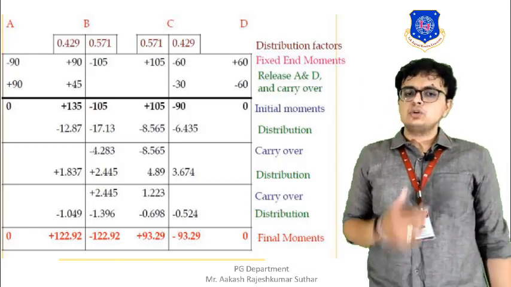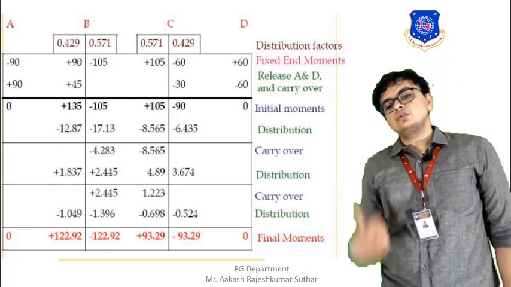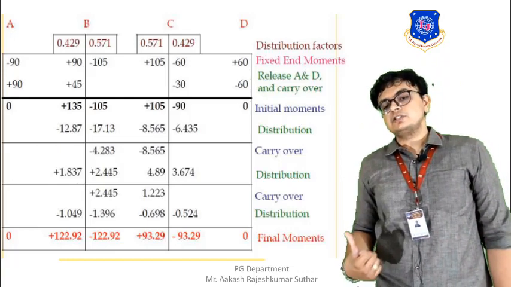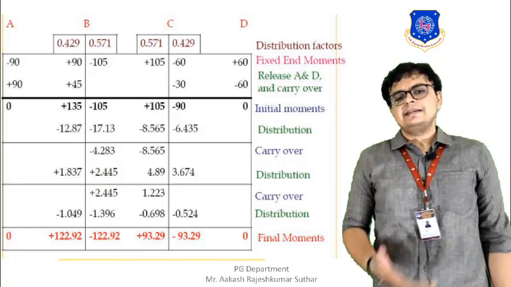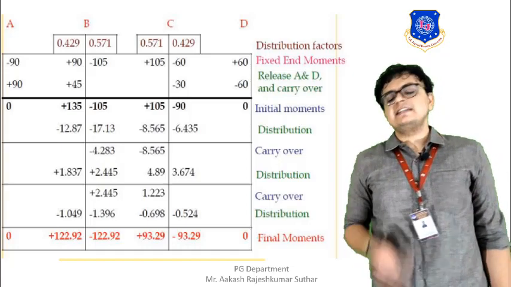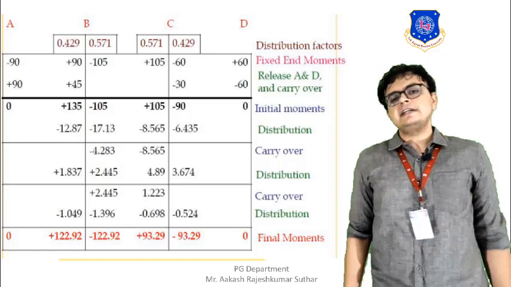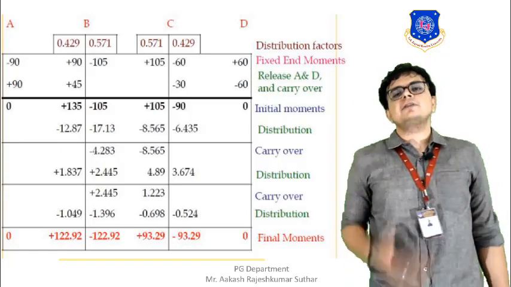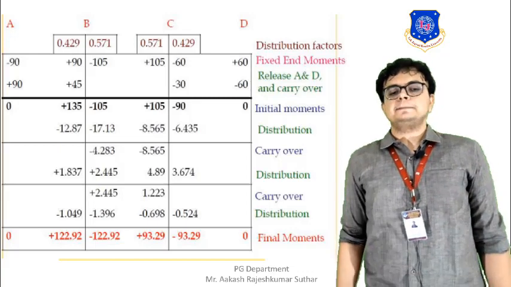So after doing the summation from the initial moment step to the final distribution step, all the moments will be added, based on whatever the sign it has, we have to do accordingly. If it is positive, then it is required to be added. If it is negative or it is having a subtraction sign, it is required to be subtracted.